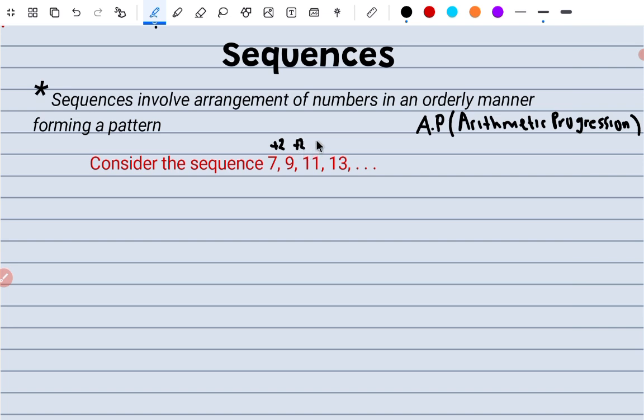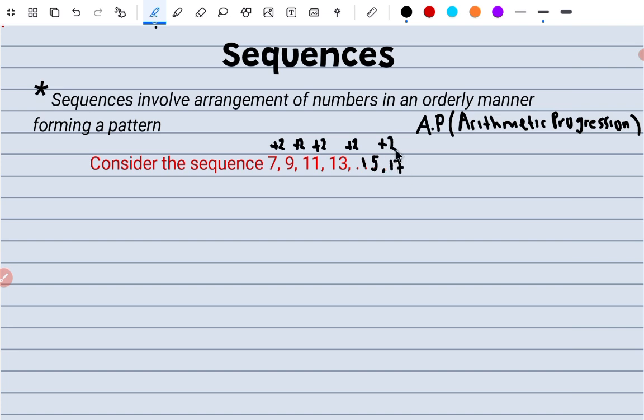To get the next number in the sequence, you simply add 2, and this will give us 15. On and on, you eventually get 17, so you continuously add 2.